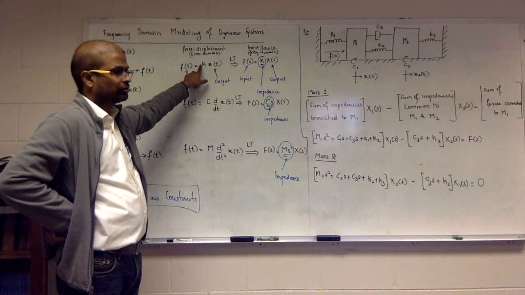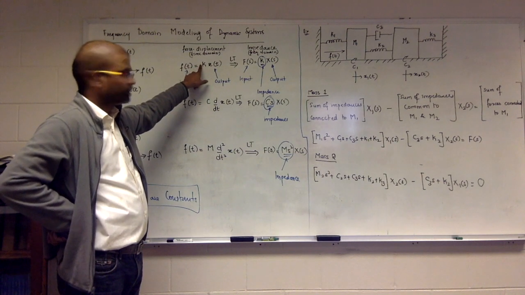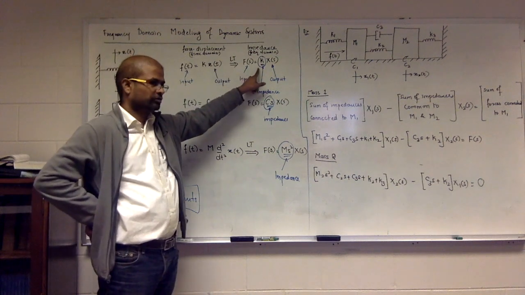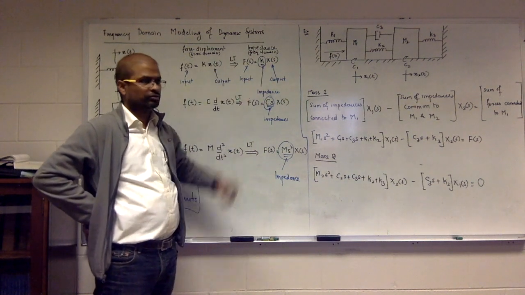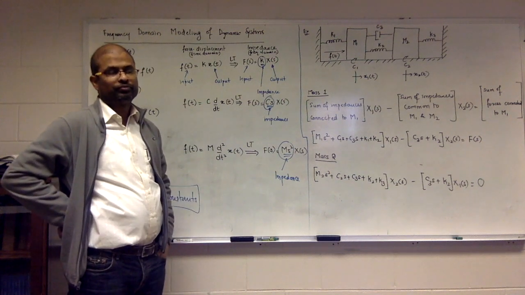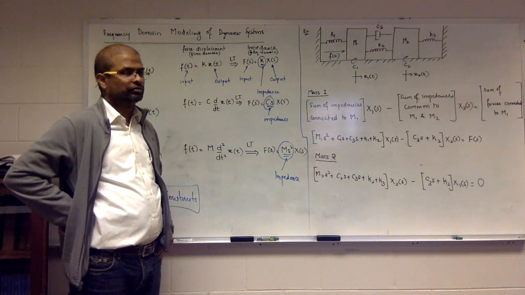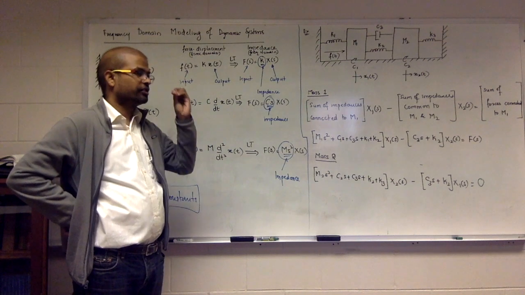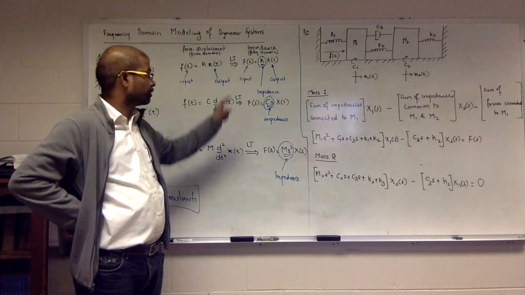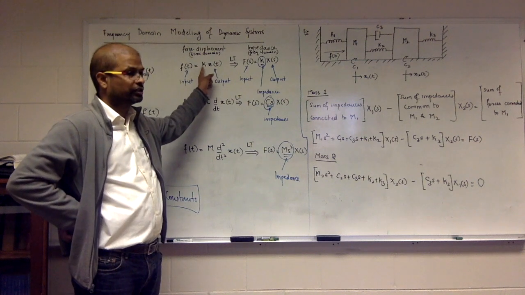But is it not a physical quantity? I thought impedance was something that you can measure as well. This is a different impedance. Essentially impedance is a type of resistance.